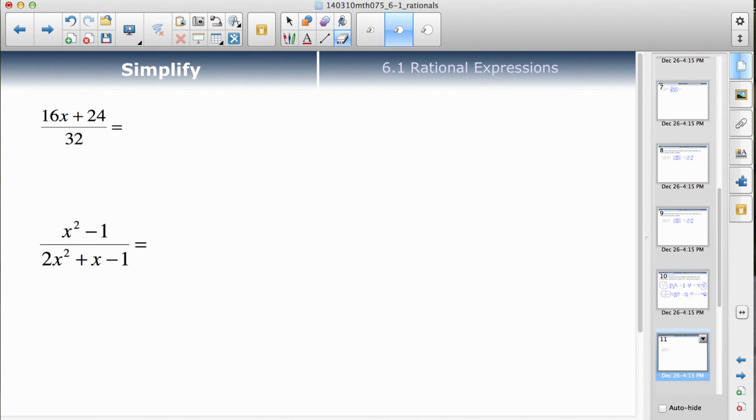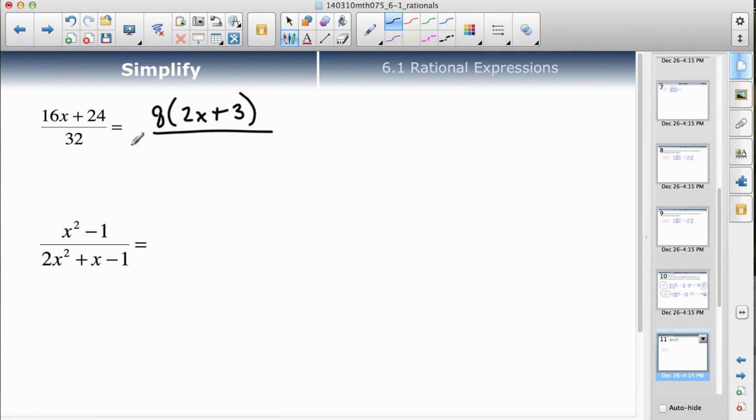Okay, with this first one, I can see what divides evenly into those? Probably 4. 8 maybe goes into both of those. So I could factor an 8 out. That would leave me with 2x plus 3. And then on the bottom, I could re-express 32 as a product of 8 times 4. Notice I'm looking for things that are the same.